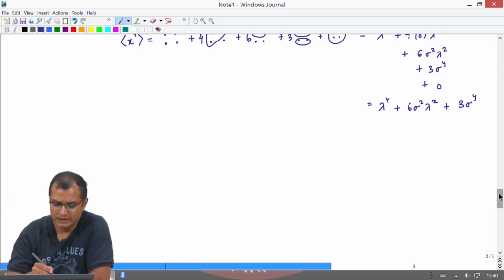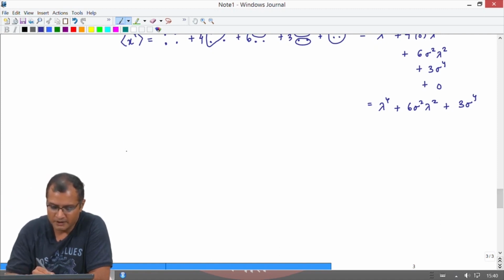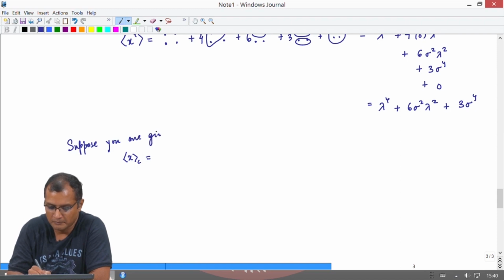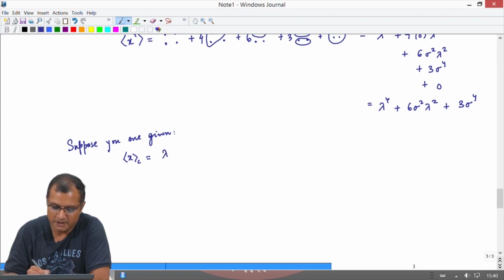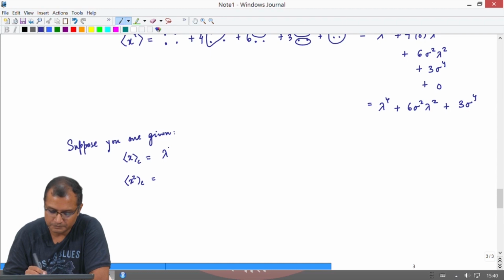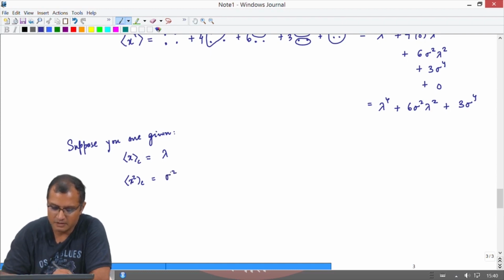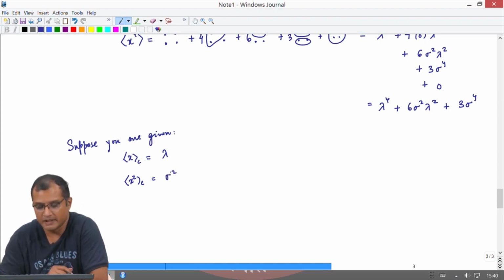This means that if you are given the first cumulant, which is the mean, and the second cumulant as the variance, you can construct the Gaussian PDF as follows.